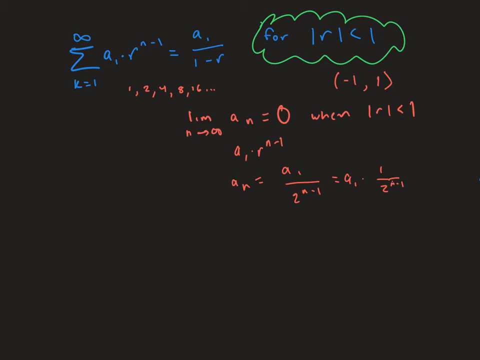But when n is getting bigger, this denominator is getting bigger and bigger. And essentially, it's going to go straight to 0 because a sub 1 isn't changing. It's staying the same. And if you have a sub 1 over a super, super big number, that's going to approach 0, which is why we write the limit as n approaches infinity, it's going to go to 0.